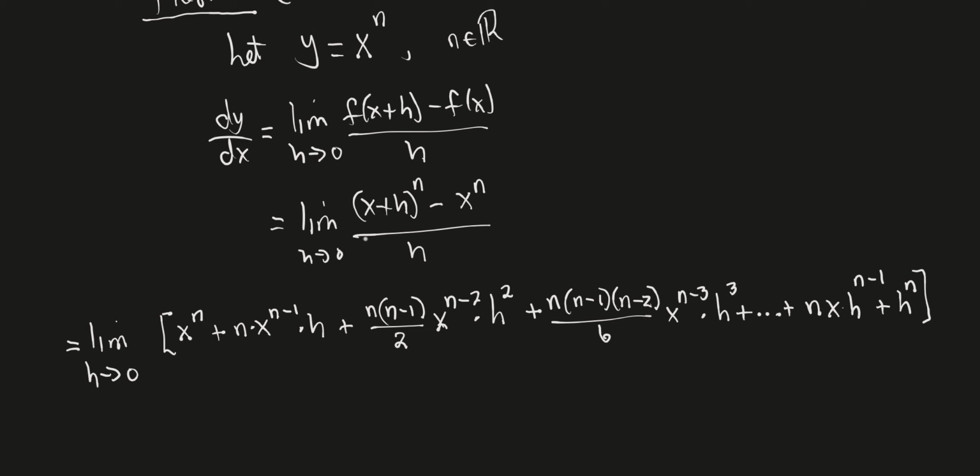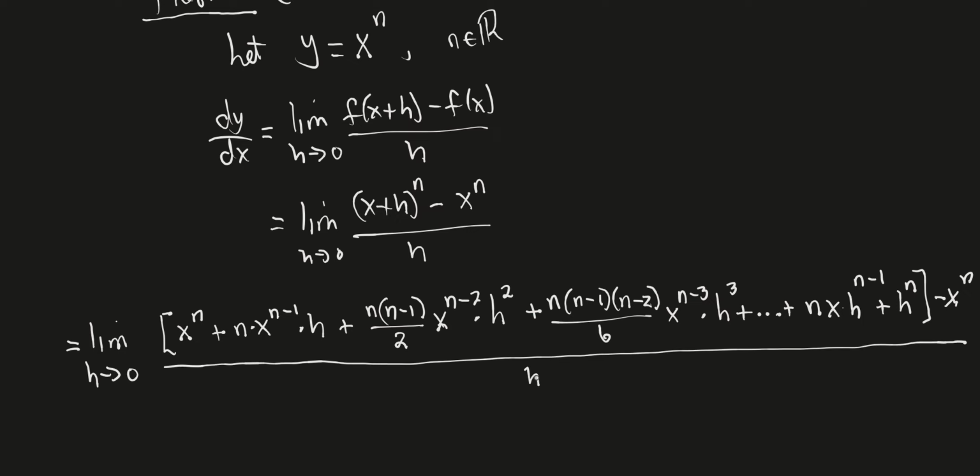It looks like a mess, but again, we have to rely on a formula like this simply because we don't know what the n is. And then from that, I have to subtract x to the n, so just minus x to the n, and then this is all over h. All right, so again, as I said, I will highlight the part here. So this is due to what we call the binomial theorem.